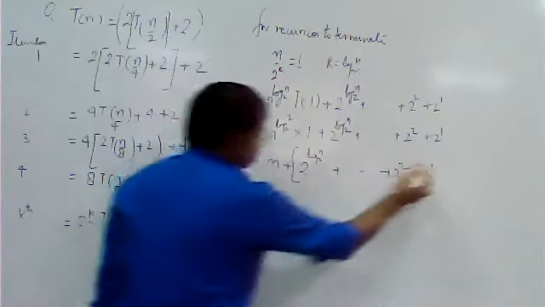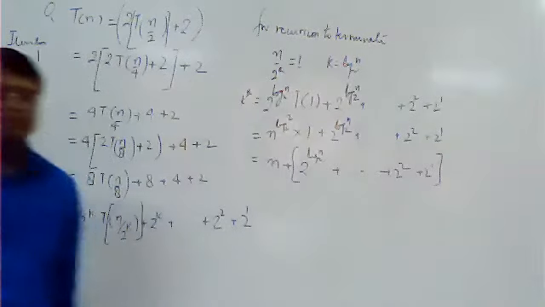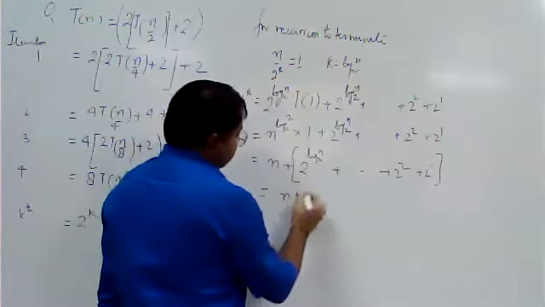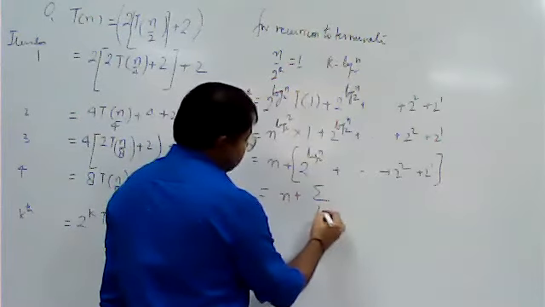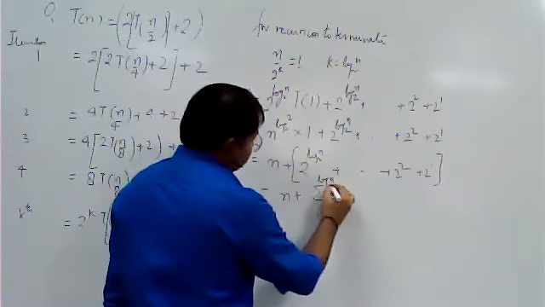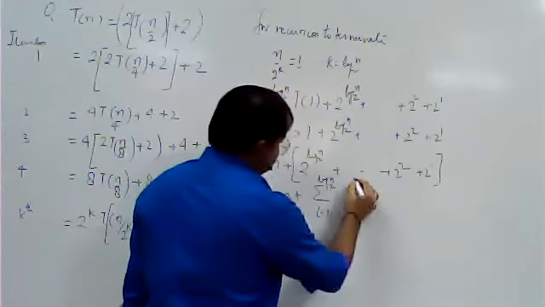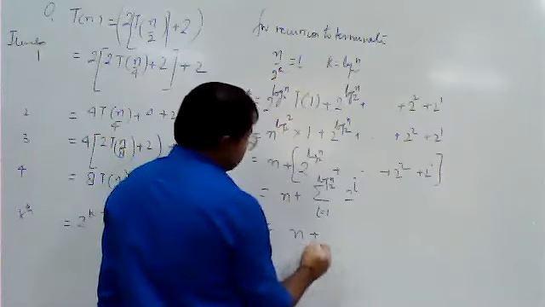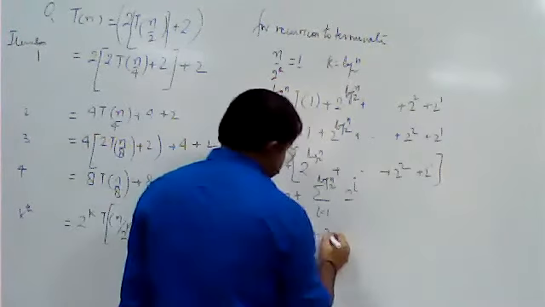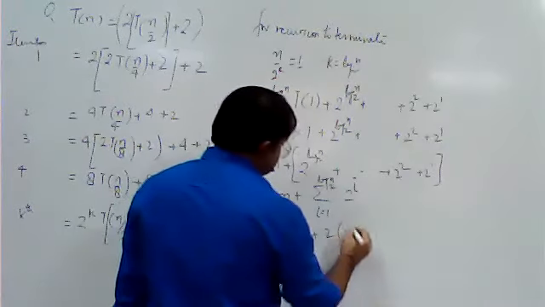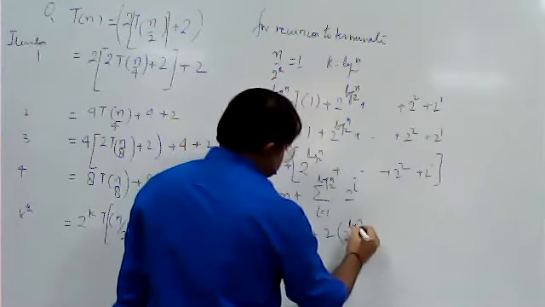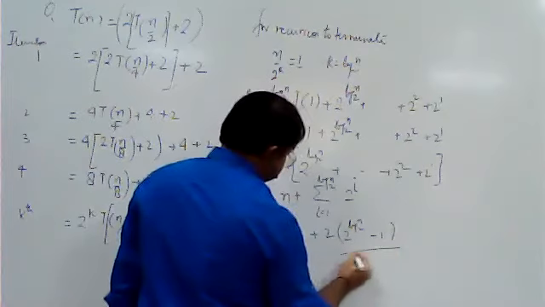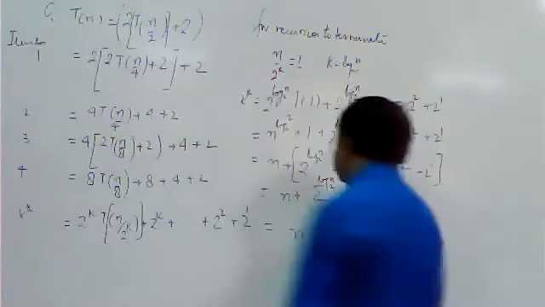So if you see, this is a geometric progression. This is a geometric progression. So we can write it n plus sigma i is equal to 1 to log n base 2, 2 to power i. So what is the value here? First term is 2 into 2 to power log n base 2 minus 1 upon 2 minus 1.